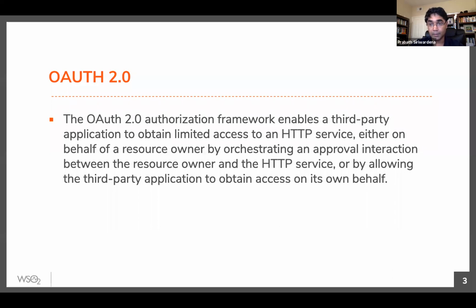And there are multiple security profiles defining best practices. So there are things going on to help people understand OAuth 2.0 better, so they can make more informed decisions when they use it. The bottom line is it's an authorization framework which does access delegation.